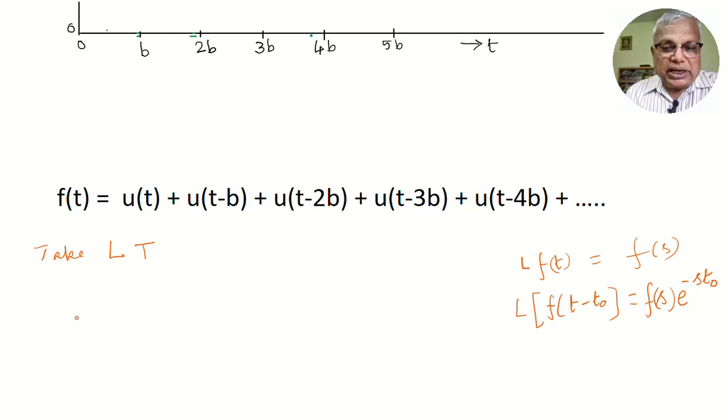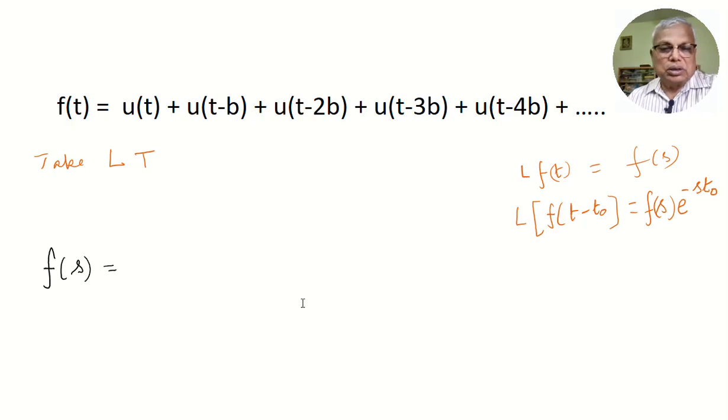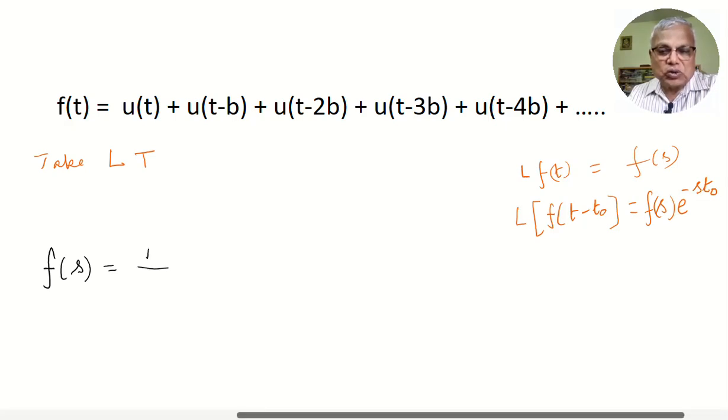If you write the Laplace transform, F of s equals, what is the Laplace transform of u of t? First term, 1 by s. Second term, same 1 by s multiplied by e power minus bs, using this formula.